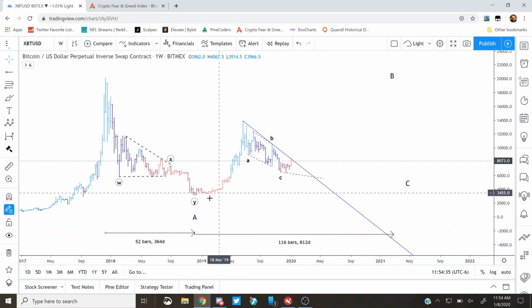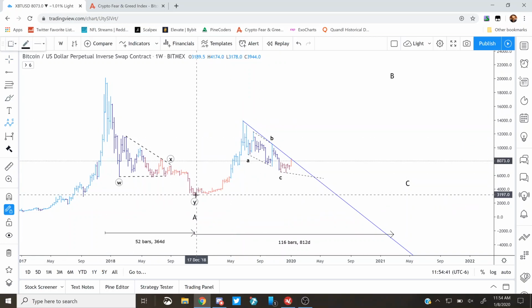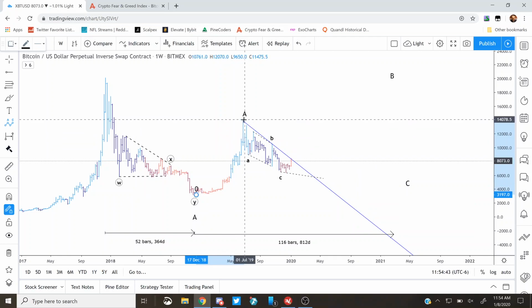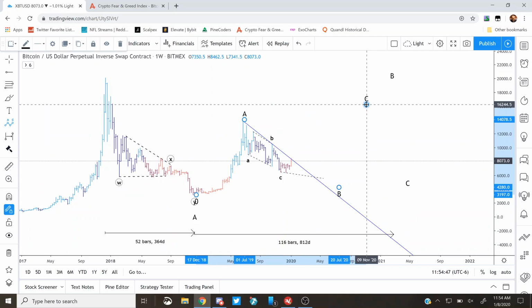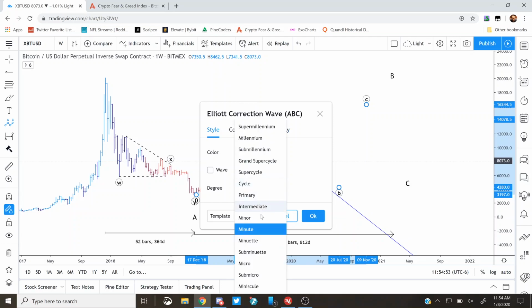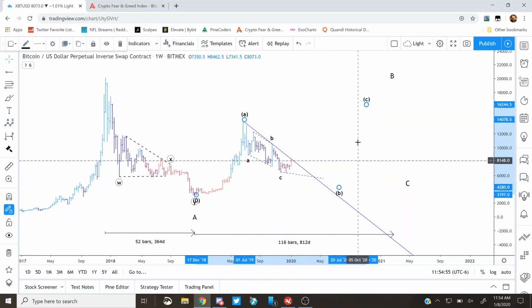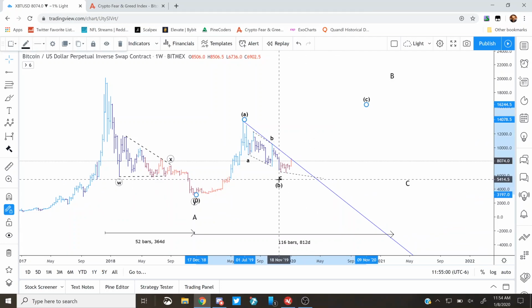So what does that mean for this piece here? Obviously, we completed a move here, right? This we can label an A. And we've started some kind of B in here. I need to go down one more. Is this all a B? Is B complete here?